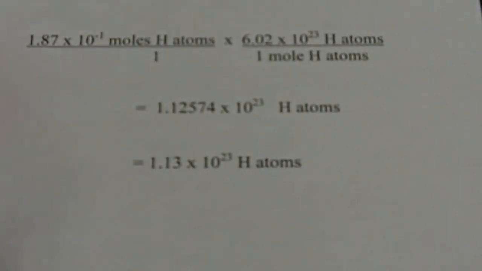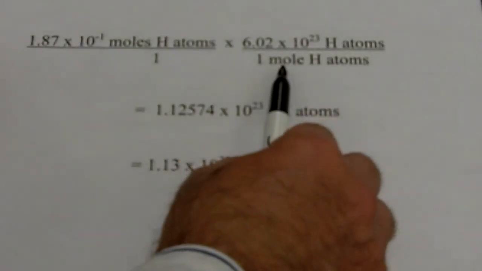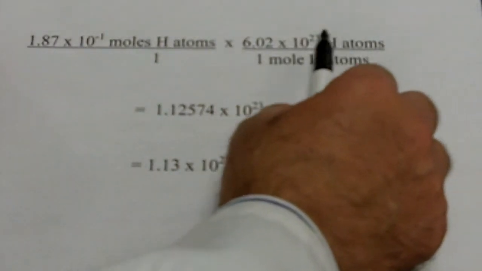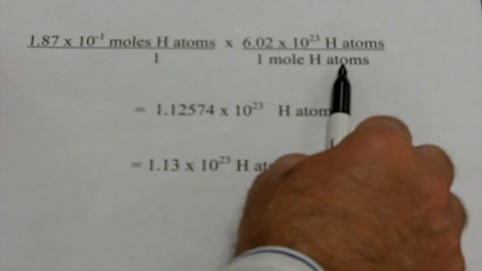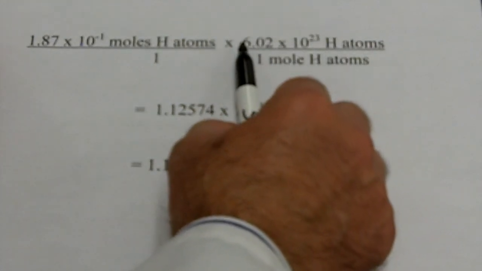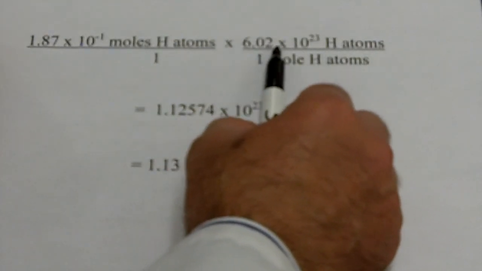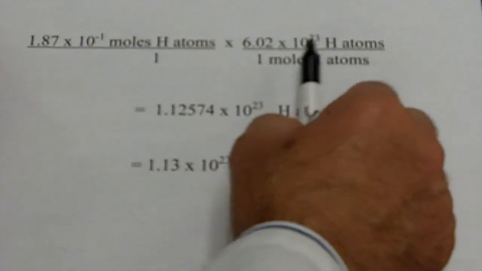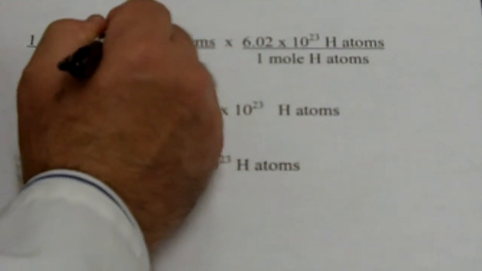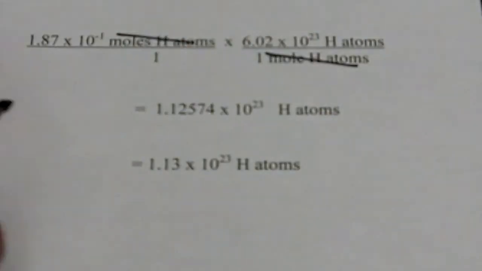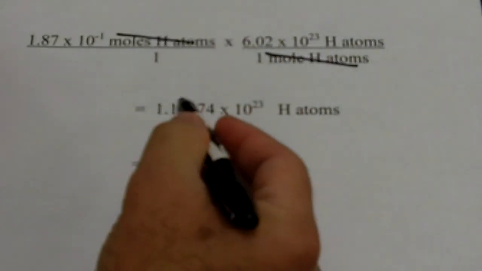And so, I'll ask myself the question, how many hydrogen atoms are there in 1 mole of hydrogen atoms? Here comes our old friend Avogadro again, 6.02 times 10 to the 23rd hydrogen atoms in 1 mole. So moles of hydrogen atoms and moles of hydrogen atoms cancel, and I'm left with this number.